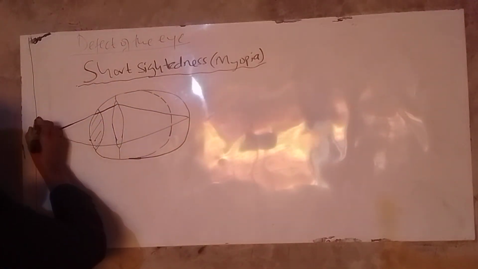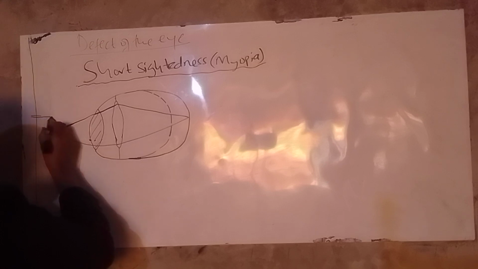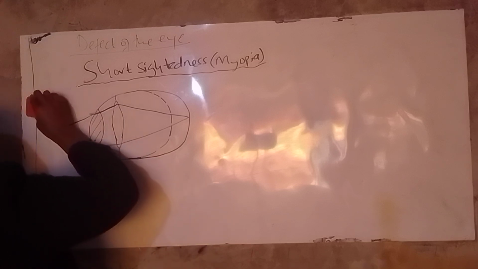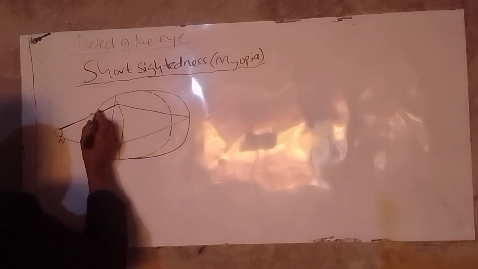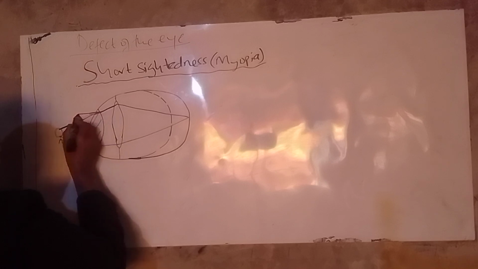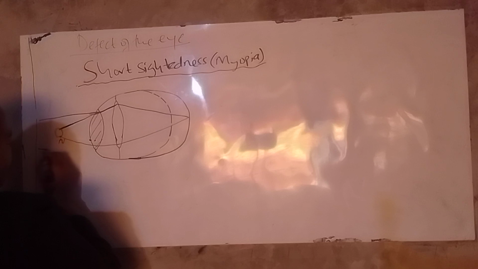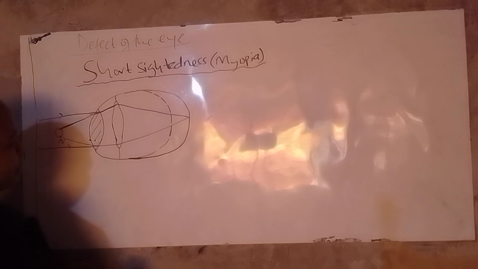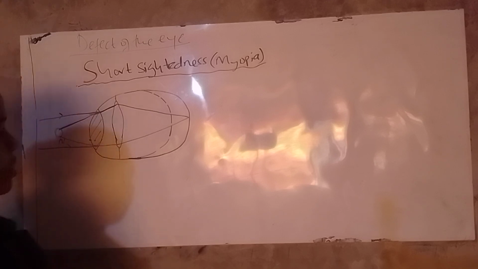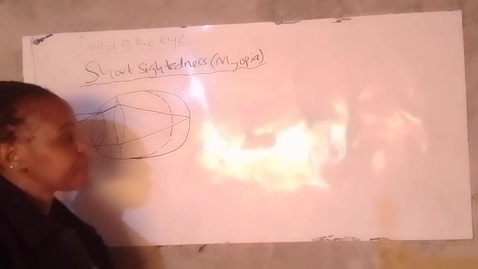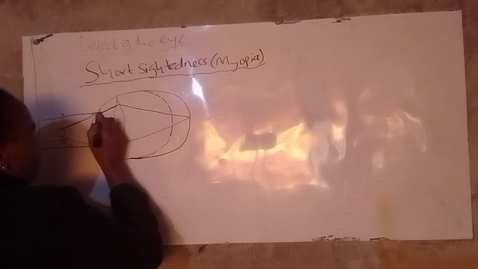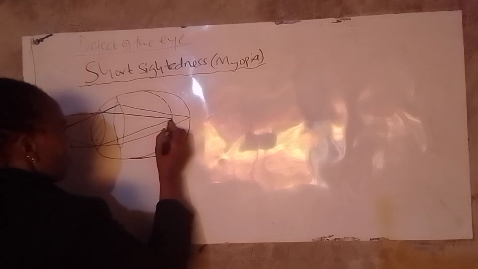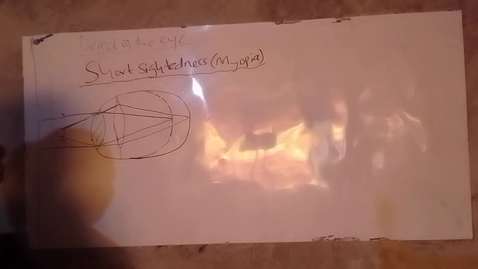But for those rays that are coming from a distant object, those rays are not able to converge where we have the retina, but instead they converge where the retina of a normal eye is supposed to be.